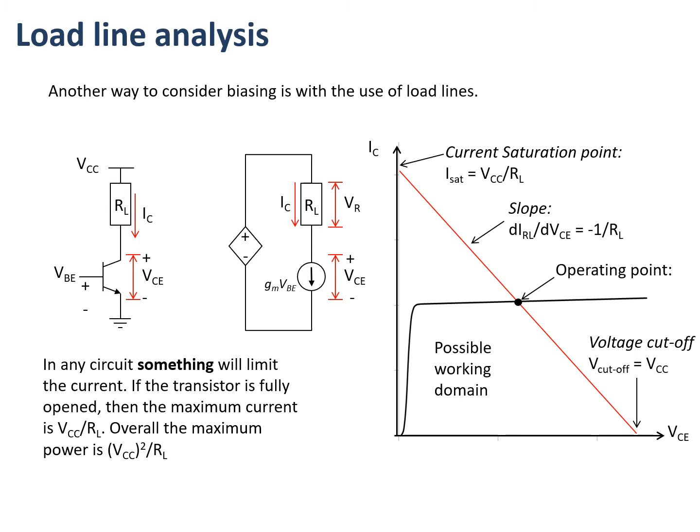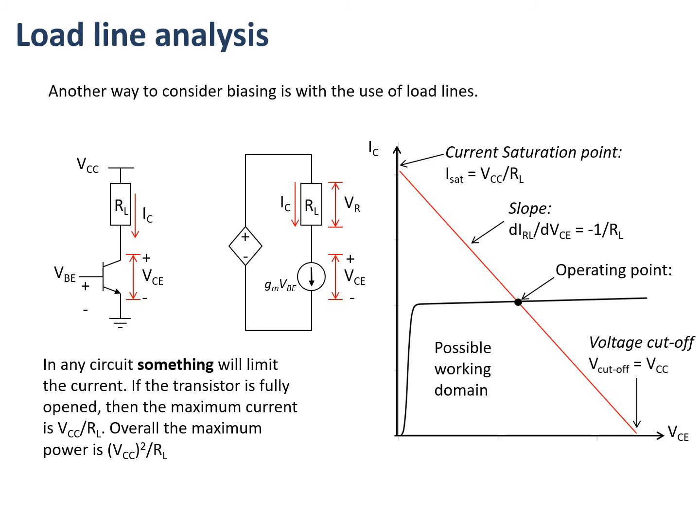If the transistor is fully on, then that maximum current is limited by the RL value and is going to be VCC divided by RL from Ohm's law. So if I then draw a graph like I have on the right hand side, where I've put on top the transistor curve, you can see that the maximum current level on my load line, shown in red, is this VCC over RL value, and I've put that on the curve roughly as it might be.